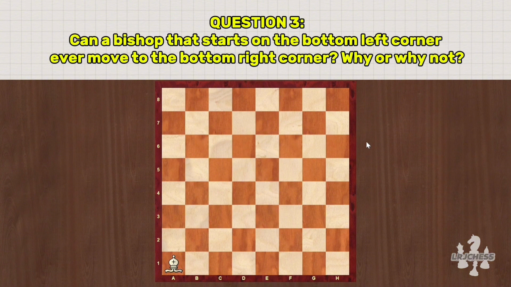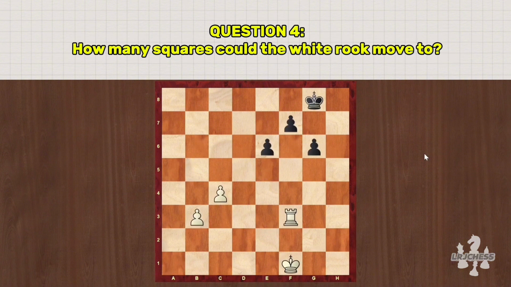Question number 3. Can a bishop that starts on the bottom left corner ever move to the bottom right corner? Why or why not? Question number 4. How many squares could the white rook move to?